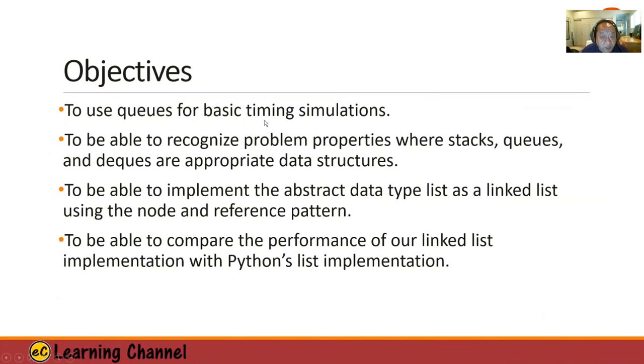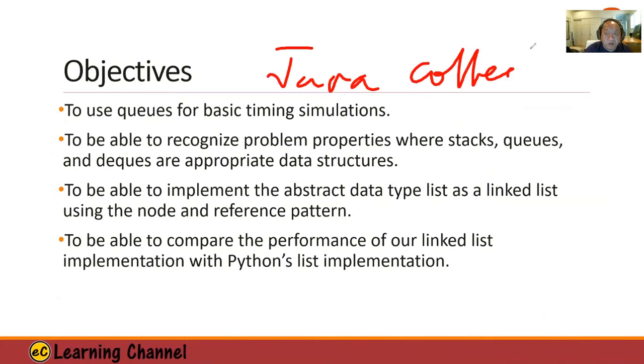To use queue for basic timing simulation, to be able to recognize problems where stack, queue, and deque are appropriate for data structure. So you also need to know when to use stack, when to use queue, and when to use deque. And in fact, these different data structures you can find in either Java collections or Python collections.